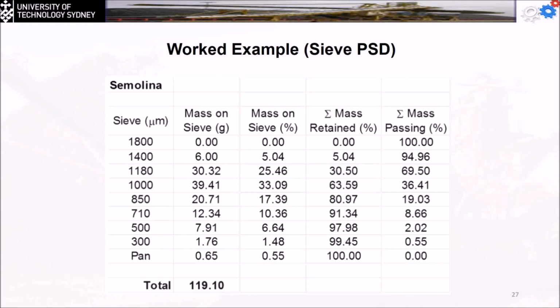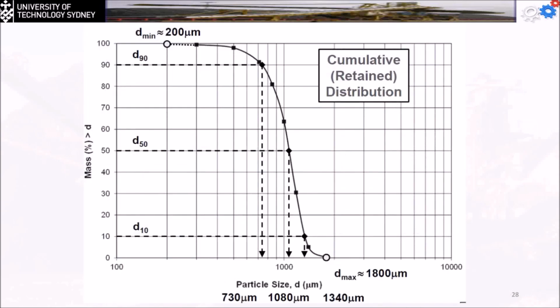So we have these values, and we start to do some graphs to get what we want. The first graph is going to be the mass percentage against the diameter. We are going to have on this side the particle size depending on the sieve size. So the maximum sieve size was 1,800 micrometers.